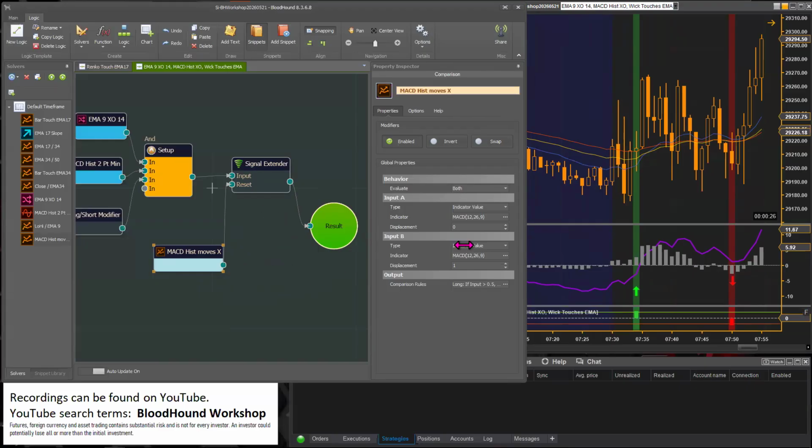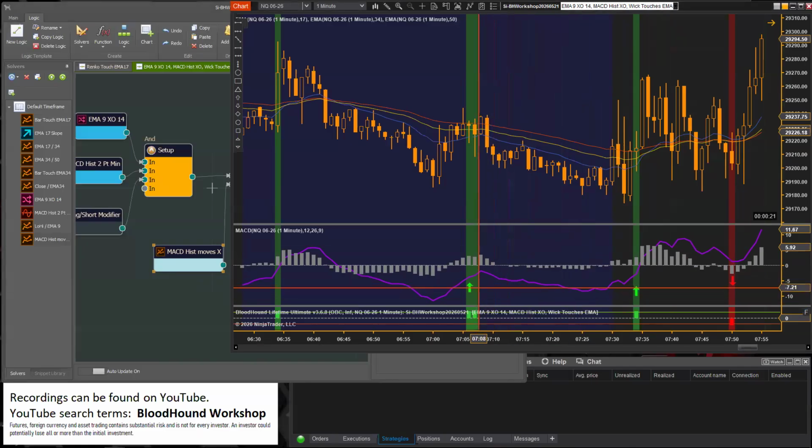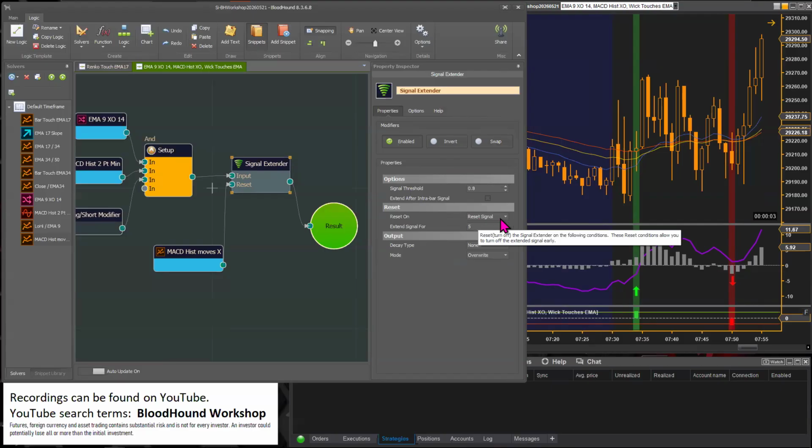we can see this one managed to get two bars of a signal extender, but those were cut off immediately. That's because let's go to our signal extender here. On the resets, we need to make sure that we have the correct conditions selected.